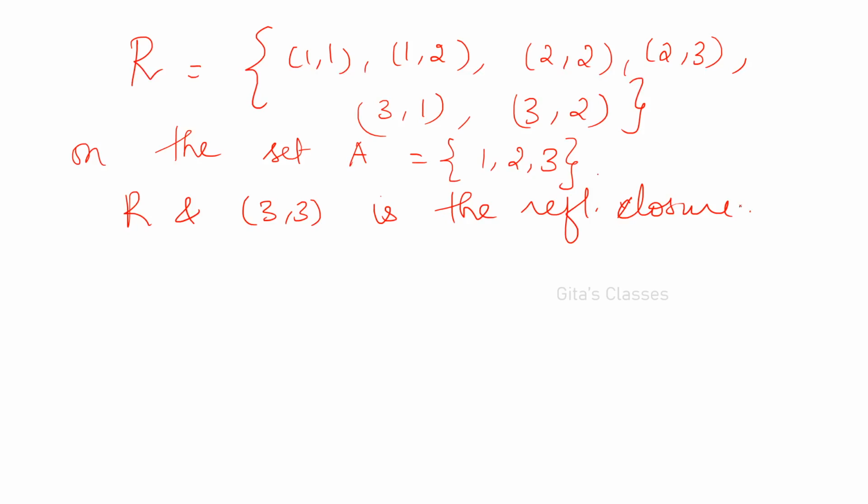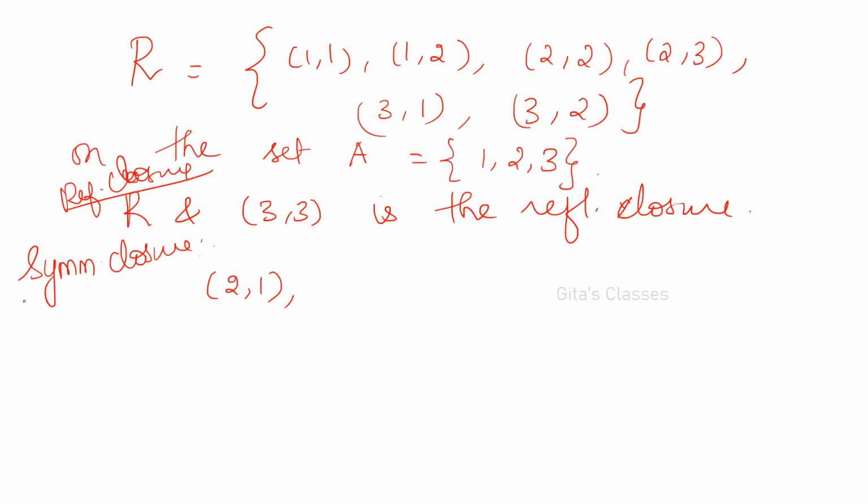What about the symmetric closure? Is it symmetric? (1,2) is there, (2,1) is not there. Now for the symmetric closure, what are all the elements you have to add? 1 is related to 2, but 2 related to 1 is not there. (2,2) is there, (2,3) and (3,2) are there.